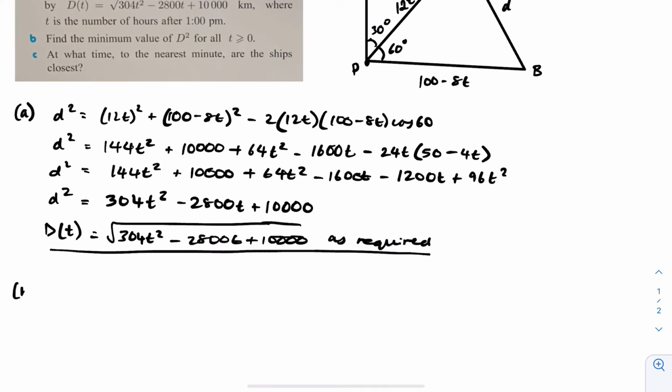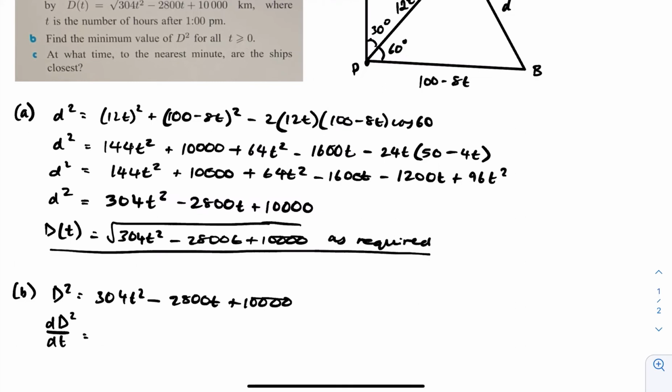So we're asked to find the minimum value of d squared for all t greater than 0. So we know that d squared is equal to 304t squared minus 2,800t plus 10,000. So to find the minimum value we have to differentiate. So d squared over dt is equal to 304 times 2, which is 608t, minus 2,800, and the constant goes away.